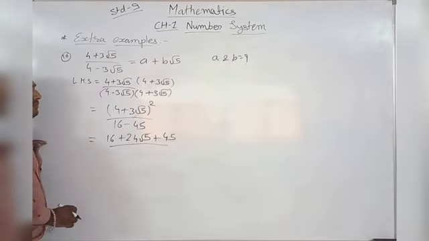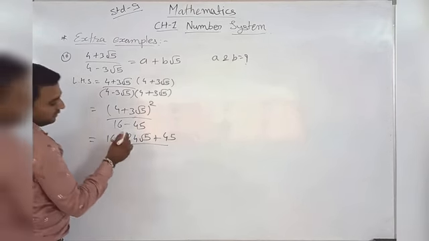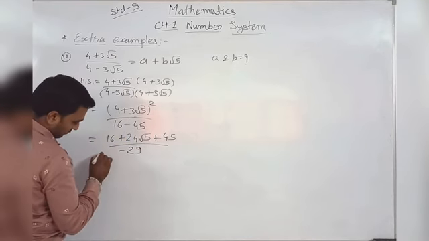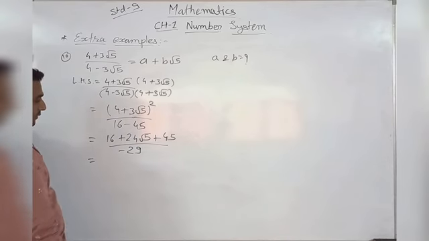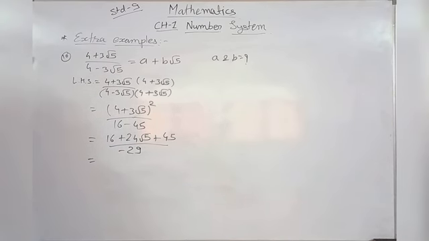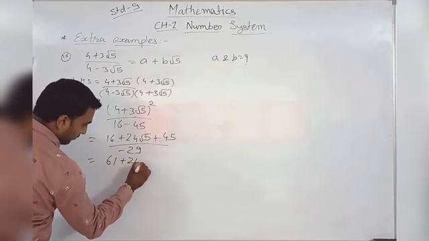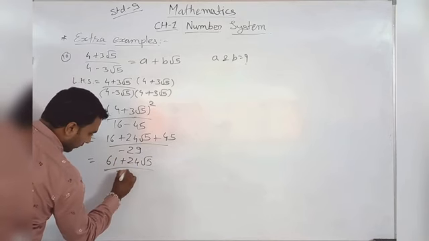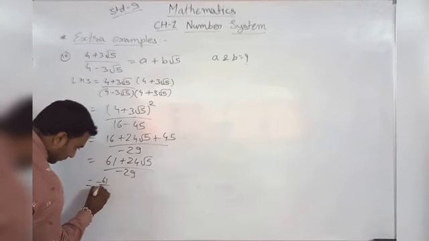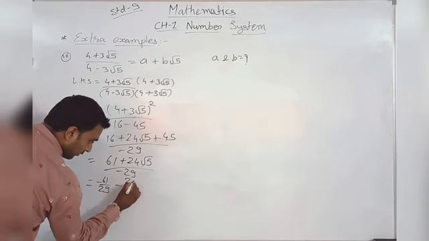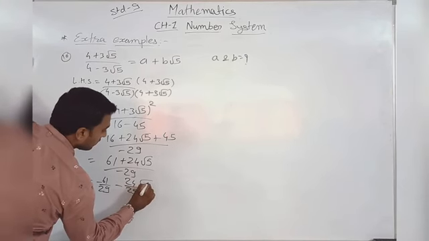16 minus 45, we know that 45 minus 16 is 29, so minus 29. Again here 16 plus 45 is 61, plus 24 root 5. So we can divide by minus 29. We separate the denominator, so it is minus 61 divided by 29, and here minus 24 upon 29 root 5.